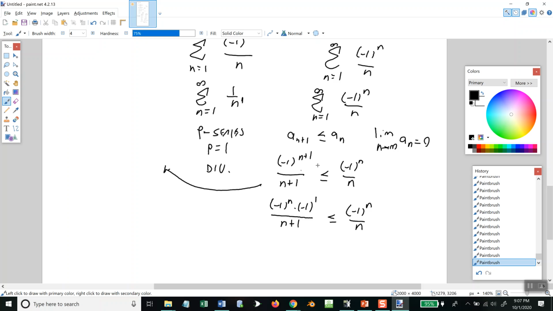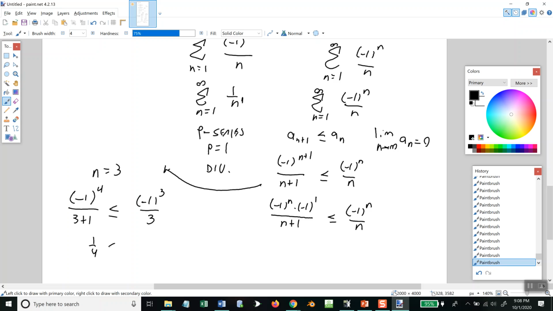Do you see anything wrong I've written here? If I plug in 3, for example, negative 1 to the 3 plus 1 is 4, right? And then here I'd have 3 plus 1. And this has to hold true. If I plug in 3 over here, negative 1 to the fourth power is positive 1.